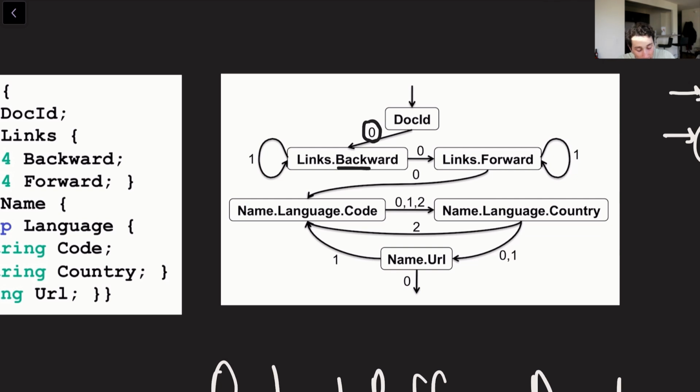So maybe I'm at links.backward. And we covered how the forward and backward repetition links work a little bit before. If it's the first one, obviously it's going to have a repetition number of 0. However, sometimes you're going to see links.backward with a repetition of 1. And what that means is it's actually not the first, but an additional links.backward within the record.